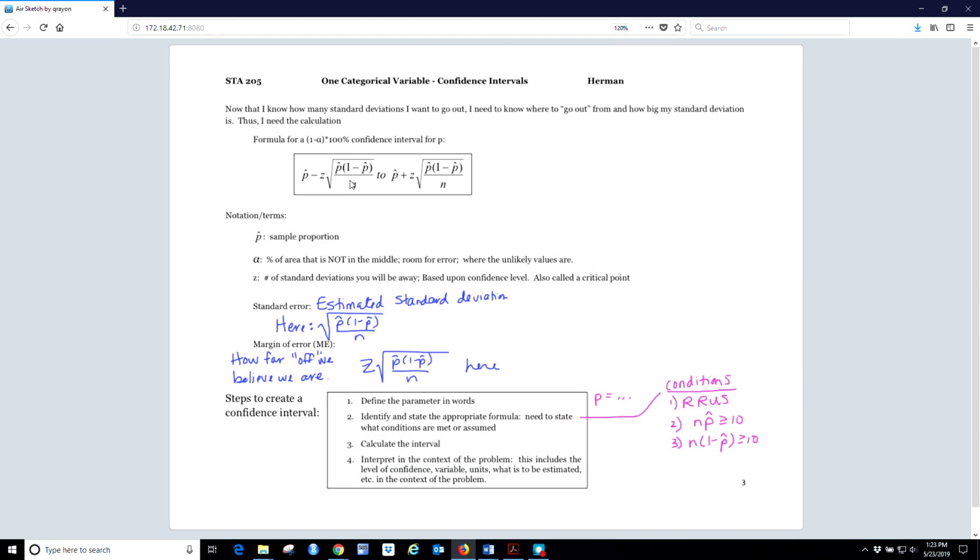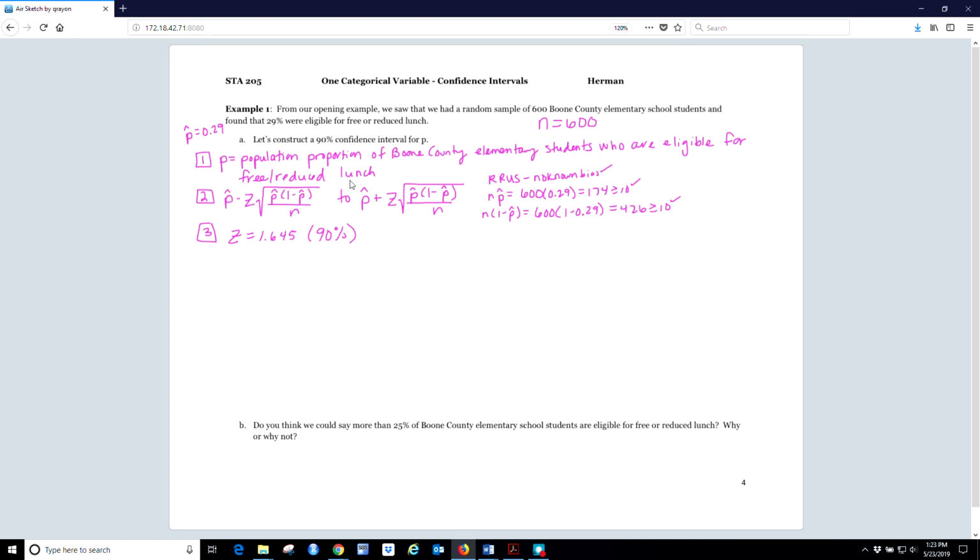Alright, so our P hat is 0.29. Our Z is 1.645. And then our N is 600.